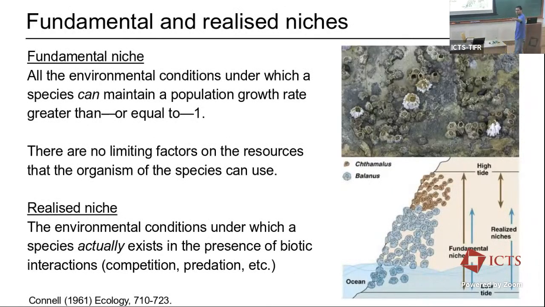So this is what is called the fundamental niche. What you're talking about is the fundamental niche, which is all the environmental conditions under which an organism can have a population growth rate that is equal to or greater than 1. If the population growth rate is 1, the population is stable.